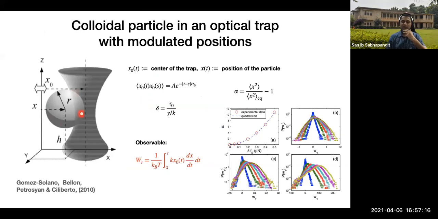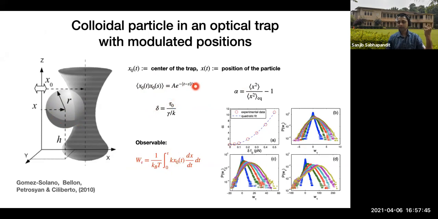There is also another experiment where a colloidal particle was trapped in a harmonic trap, and then you just keep moving the trap in some random fashion. So there's a correlation in the trap position. Again, you want to find out how much work is done by this trap. They looked at this work done for various values of alpha, and there's also this parameter delta, which basically gives the ratio between two time scales.